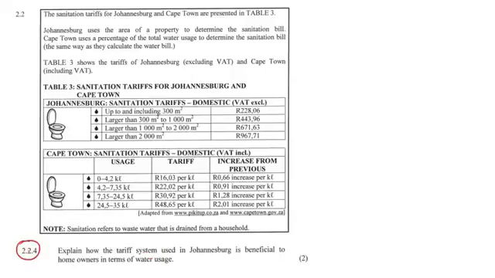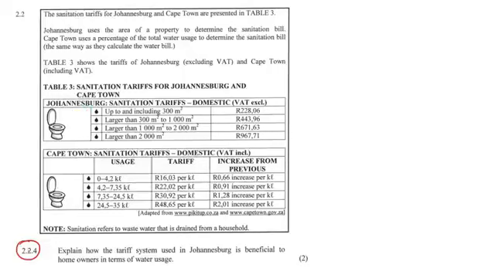For this question, it says, explain how the tariff system used in Johannesburg is beneficial to homeowners. Okay, so let's think about this. If you live in Johannesburg and you own a house, why would this be quite beneficial? Well, what I like about it is that once you know what size house you live in, then no matter how much water you use, they're not going to charge you a penalty.